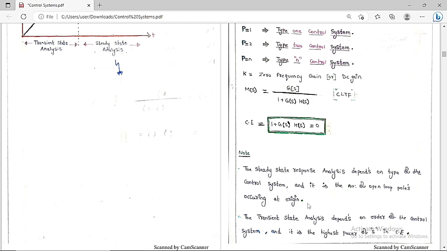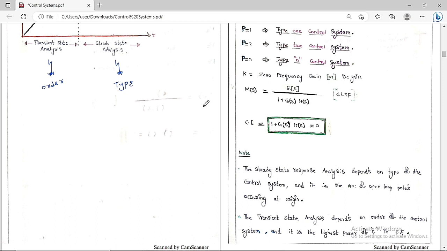Here I'm going to write an important point. Steady state analysis always depends upon the type of the control system, whereas the transient state analysis always depends upon the order of the control system. So these two definitions you always have to keep in your mind.